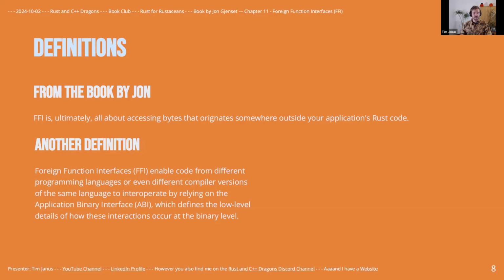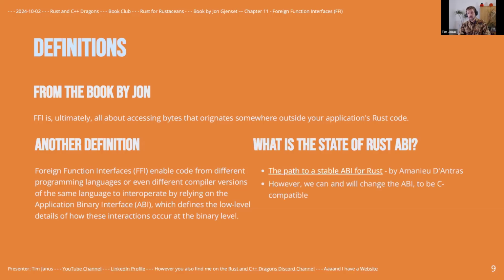Foreign function interfaces enable code from different programming languages or even compiler versions to integrate with each other. And for this, the application binary interface is needed. This application binary interface defines how data is laid out on the binary level. So what is the state of the Rust ABI? It's not stable, it changes.